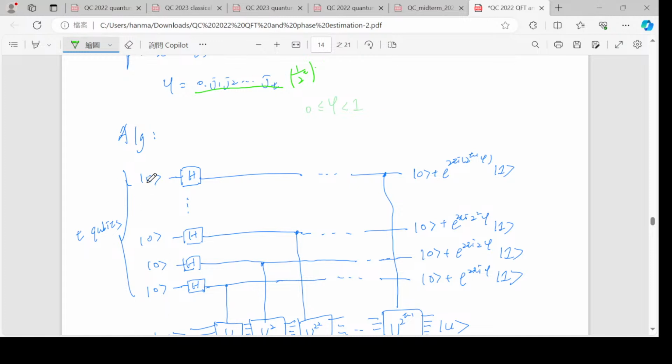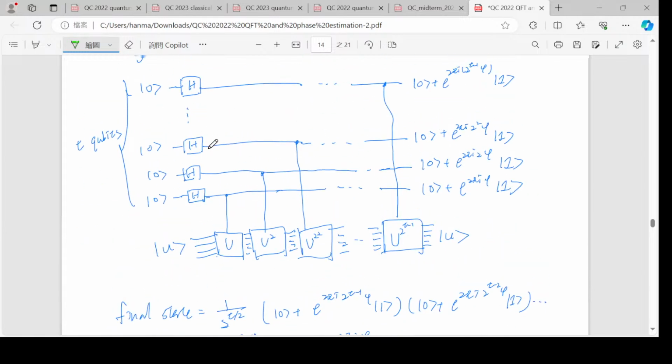So we have T qubits here, and we do Hadamard on all of them first, so every one of them is 0 plus 1. Then we control on the first qubit to apply the unitary, like we had before. If we just do this part, it's like the 1-bit example we had, and we get e to the 2 pi i phi here by the phase kickback.